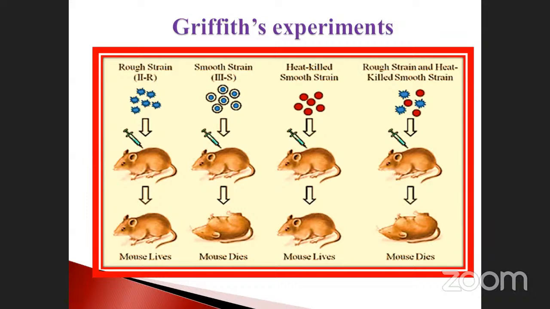Here the DNA molecule is transferred into the heat-killed one, from the rough strain to the smooth strain. So the smooth strain effect will be expressed. That is called genetic transformation.